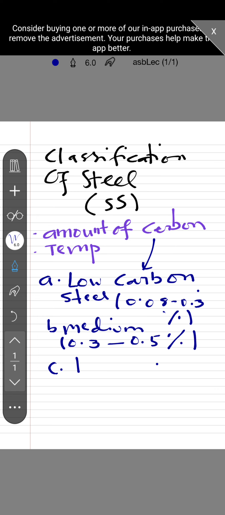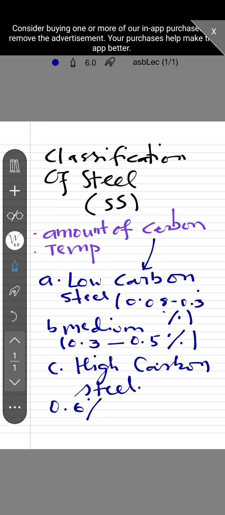And lastly, we have high carbon steel, where the concentration is from 0.6% to 2%. From 2% onwards, it becomes cast iron, so it no longer remains steel. So these are the three classifications made based upon the carbon content.